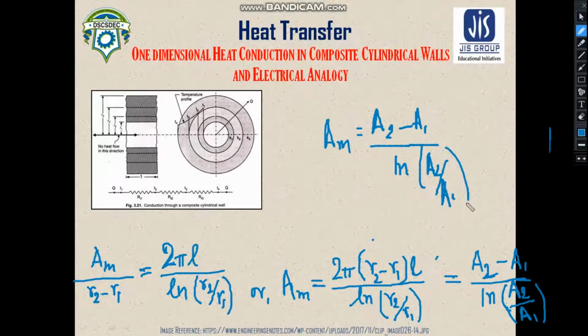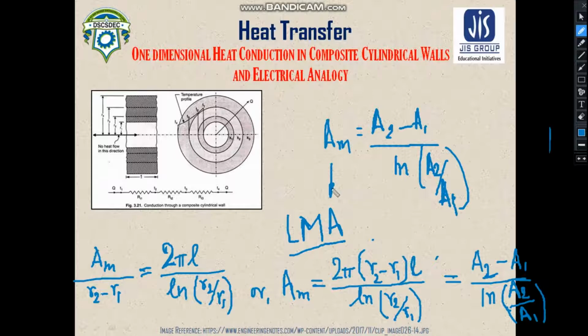Sorry for my poor handwriting. As I was mentioning, this is a mean area, and we sometimes call it the logarithmic mean area. This area is called the logarithmic mean area.